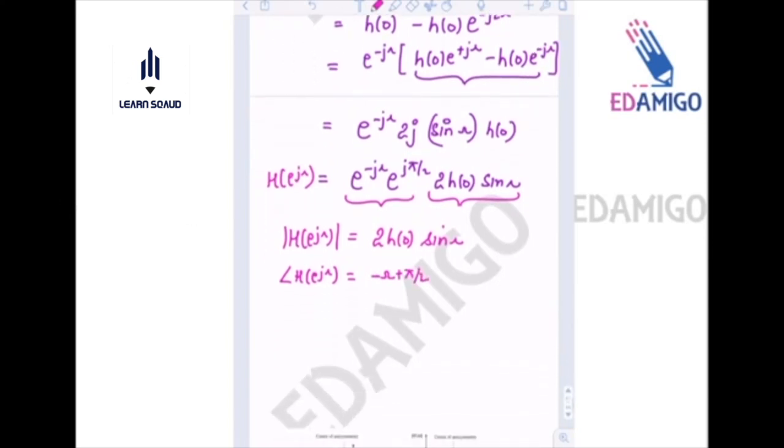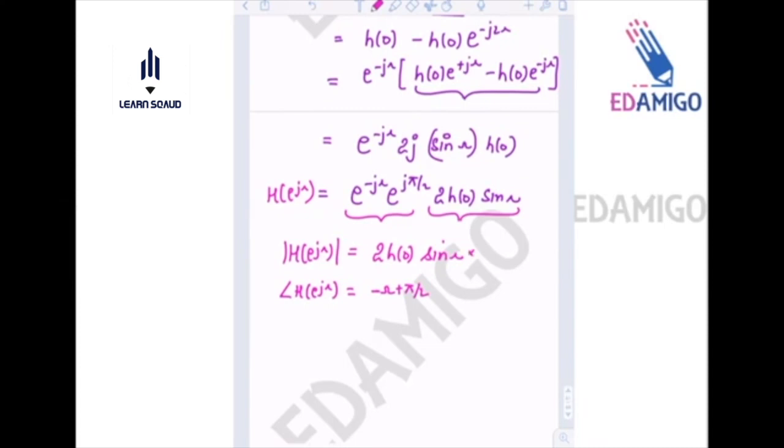Now if I plot the magnitude with respect to σ, I am only plotting the magnitude, from 0 to π and 2π. We can see that the magnitude will be 0 at 0, 0 at 2π, and at π also it is 0. At π by 2 it will be maximum because it's a simple sine curve, right?